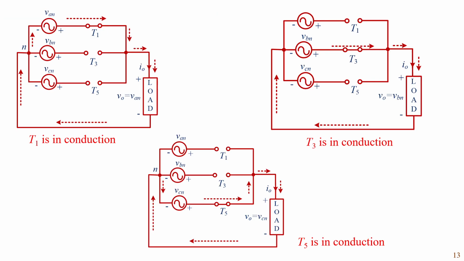When T1 is turned on, T3 and T5 are in off state and load is subjected to A phase voltage. When T3 is turned on, the load is subjected to B phase voltage, and when T5 is turned on, the load is subjected to C phase voltage.